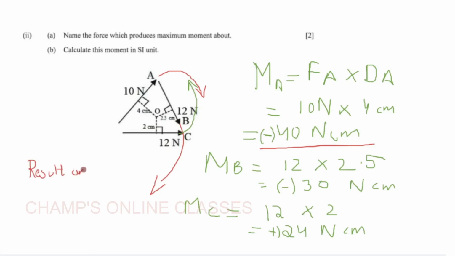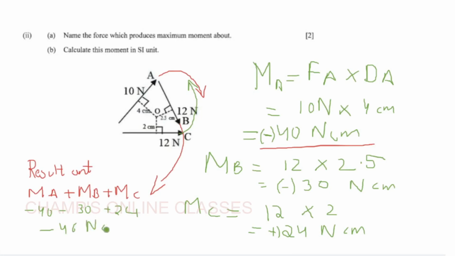Resultant is MA plus MB plus MC. MA is minus 40, MB is minus 30, MC is plus 24. Calculate it, you'll get the answer as minus 46 Newton centimeter.